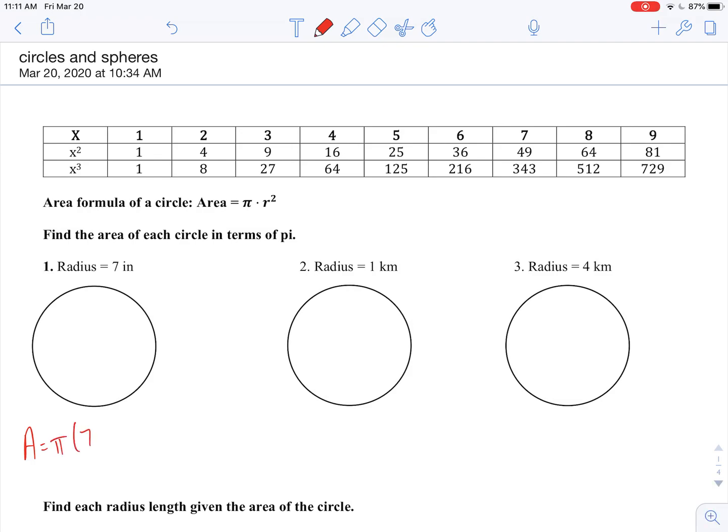Well, radius goes with r, so the area would be pi times r squared, or 49 times pi, which is approximately 153.94 square inches. And again, use your calculator for this one.